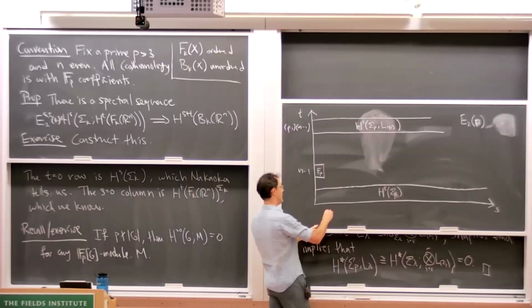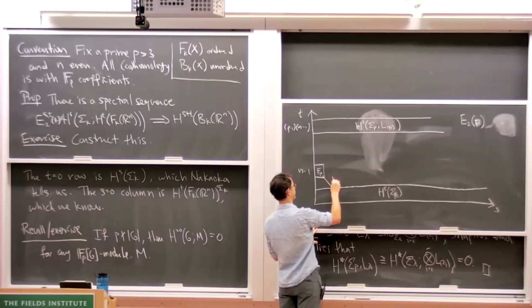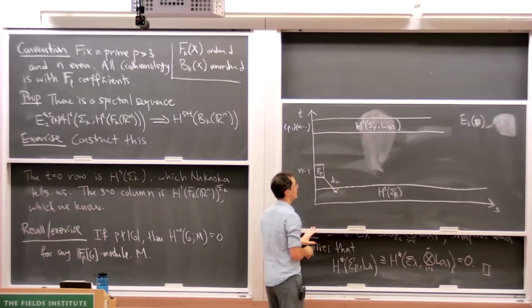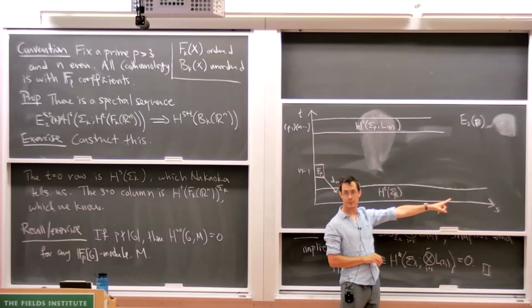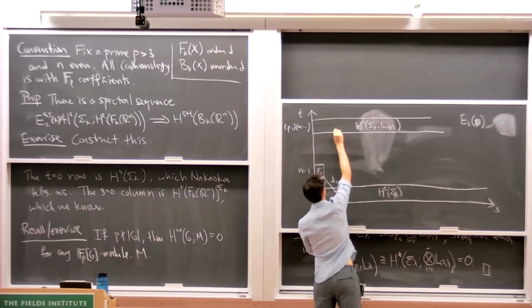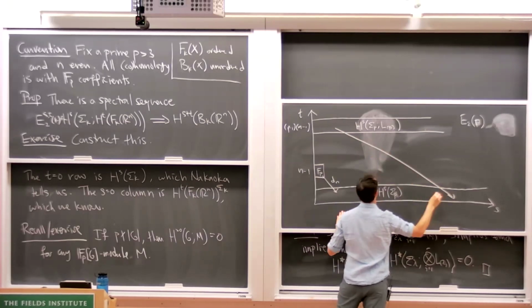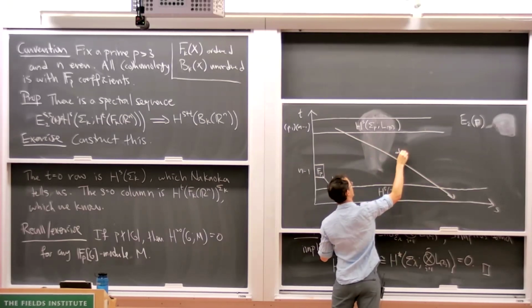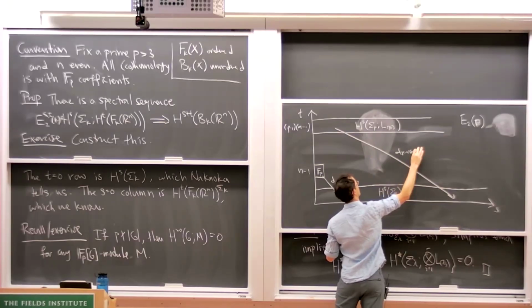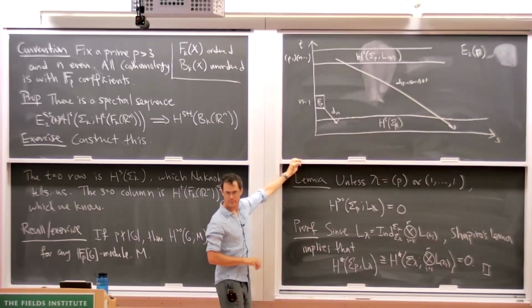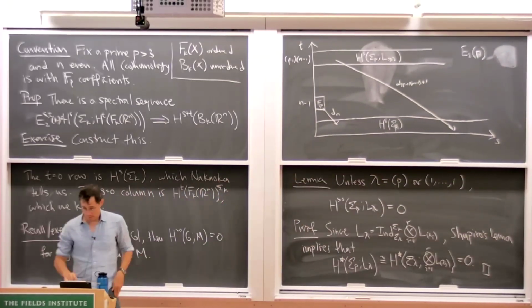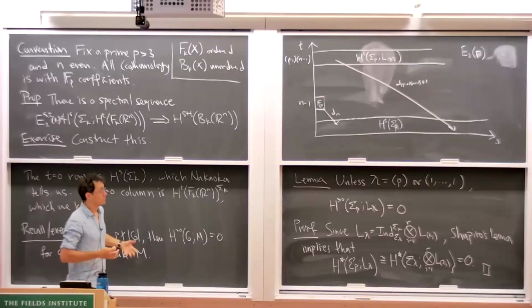There could be a d n that goes like this. And there could be a long differential that goes from this top row to this bottom row. This is d of degree (p minus 1) times (n minus 1) plus 1. Okay, that's it. That's all that could happen. So the question is, what are those differentials?